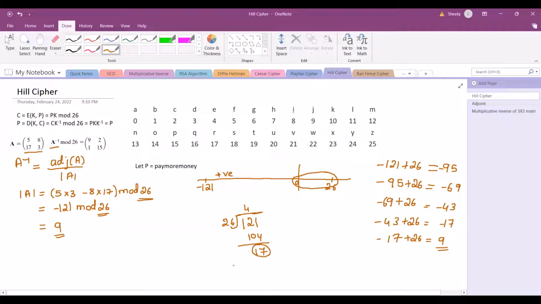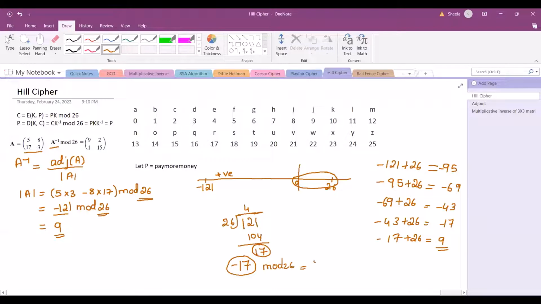The sign of the remainder must be the same as the sign of the number for which we are finding the modulo. Here the number is 121, and the sign of 121 is minus. So I need to consider this as minus 17. Since I have obtained the remainder as minus 17, how can I consider minus 17 mod 26?